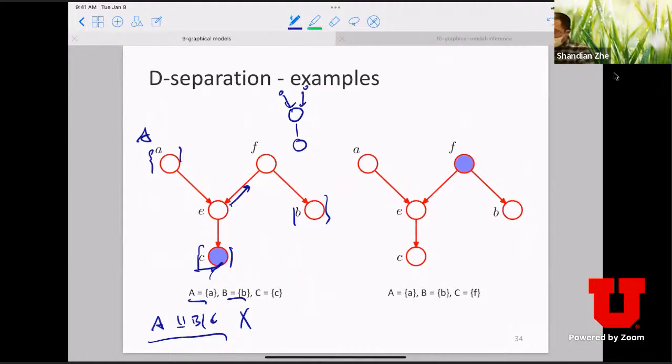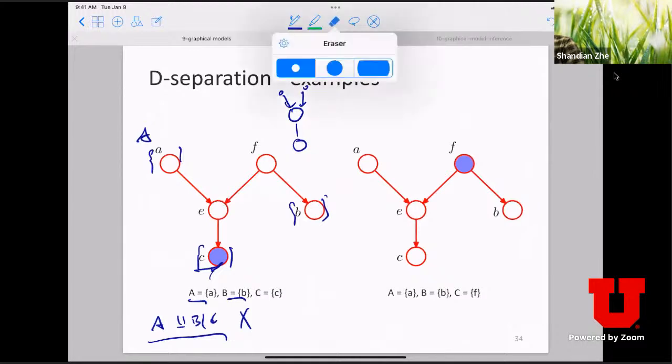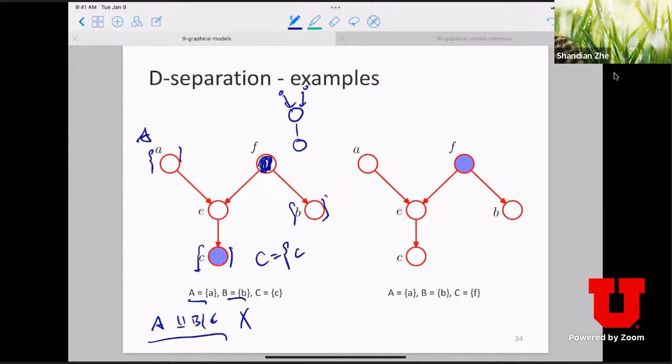So let me make a little bit of change. Suppose our C set contains not only the small node C, but also F. Now can we conclude A and B are conditionally independent given C?